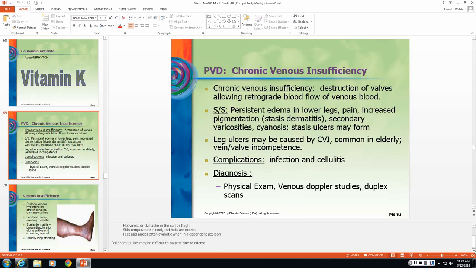Peripheral pulses are going to be a lot of times difficult to palpate due to the edema. Diagnosis is usually done by a physical exam or a venous Doppler study or duplex scans.